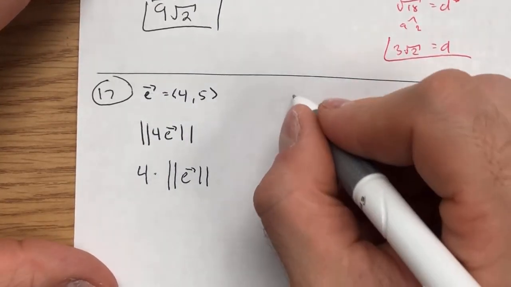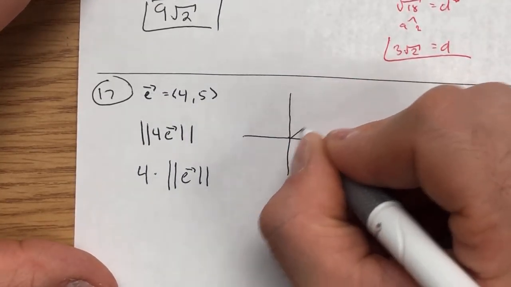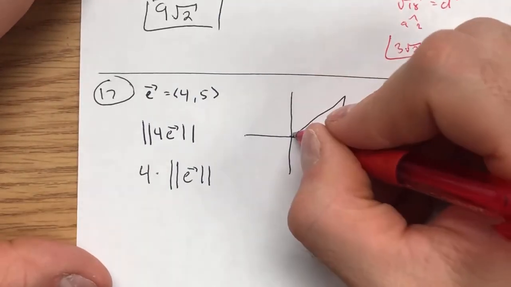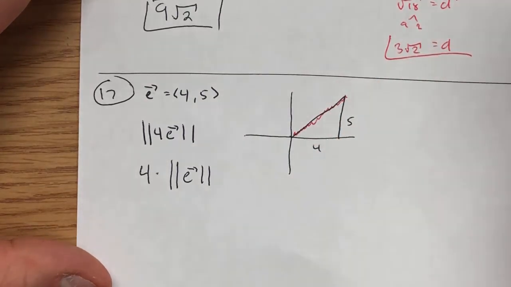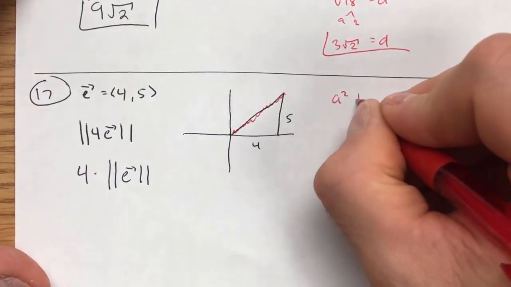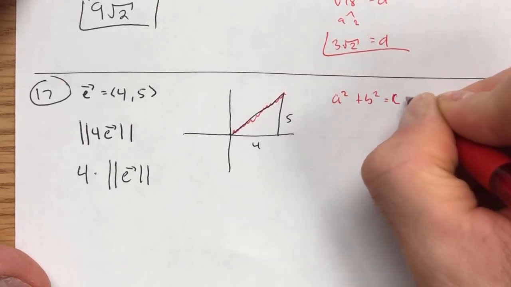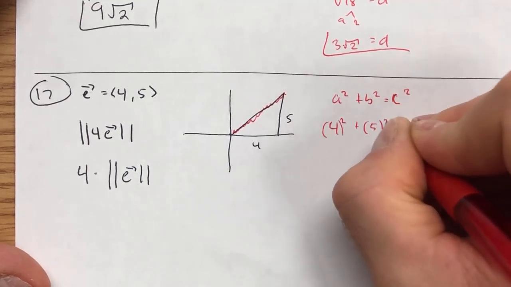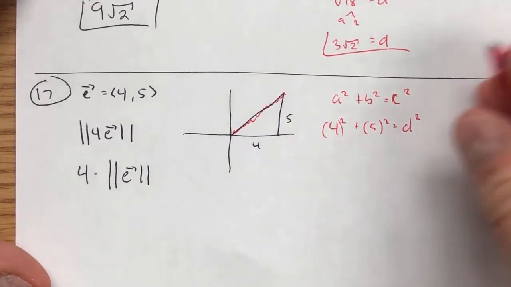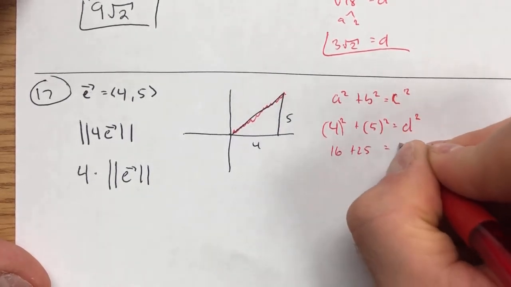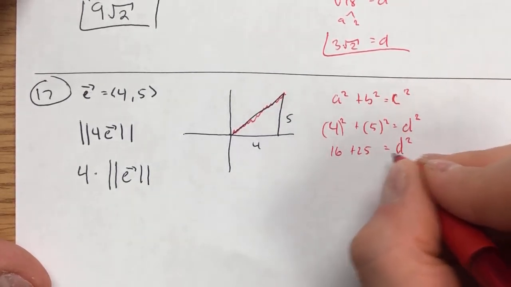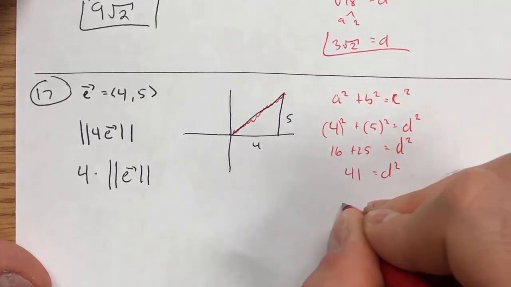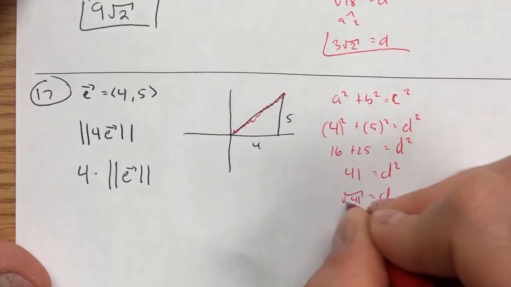Let's write out what the E vector looks like, with a 4 and a 5. What I want to figure out is this length right here, so I'm going to use the good old Pythagorean theorem. 4 squared plus 5 squared equals my distance squared. 16 plus 25 gives me 41, so root 41 is my distance.